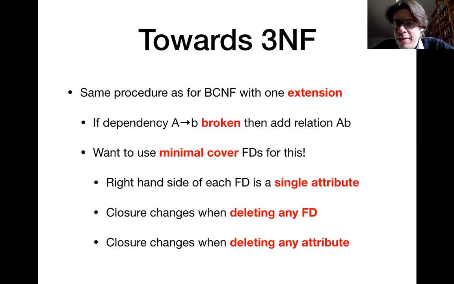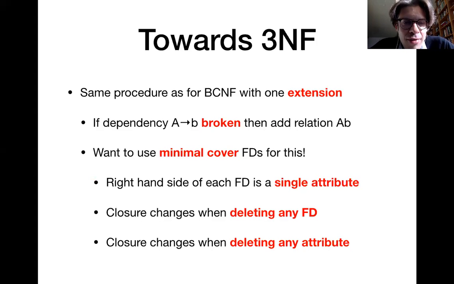This is how we get into a third normal form. So here we essentially do something quite similar to the process for Boyce-Codd normal form. The only difference is that in order to preserve dependencies, we might actually choose to add new relations.